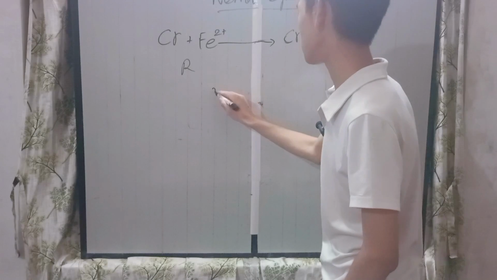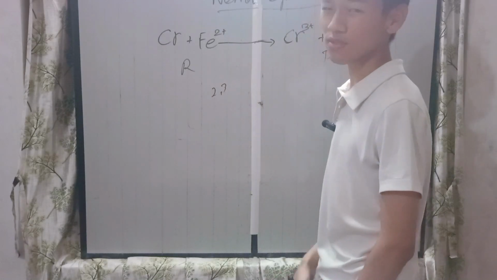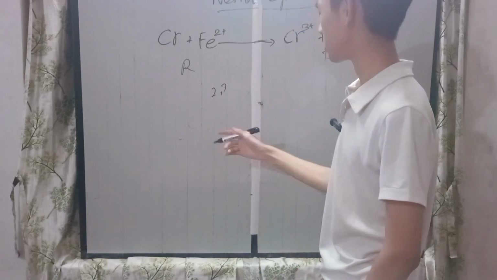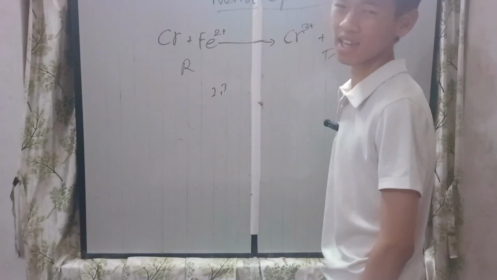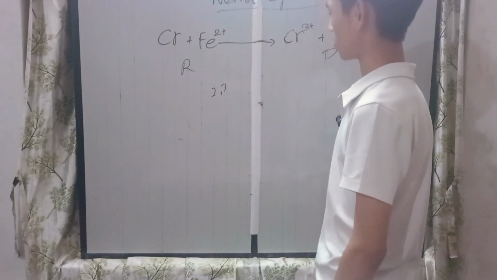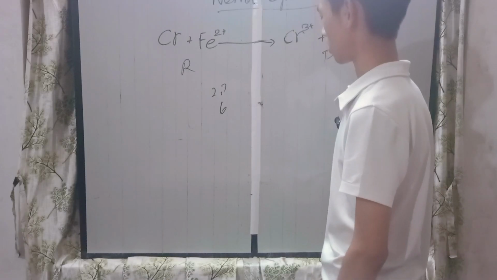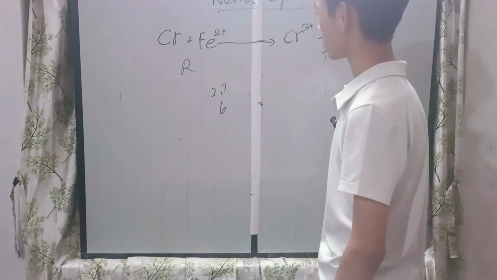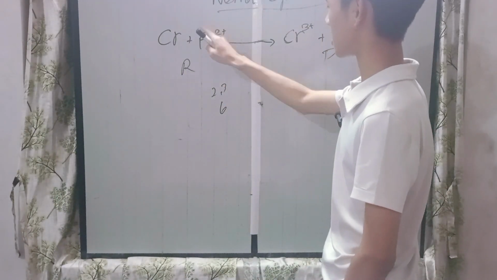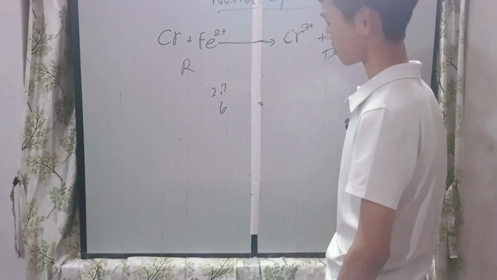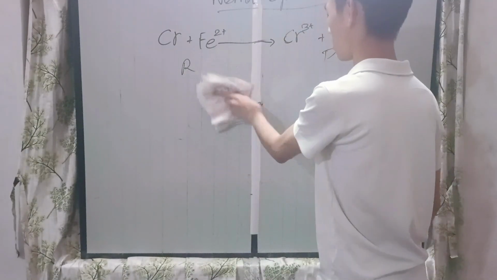We have 2 numbers, 2 and 3, so we need to find the LCM of 2 and 3, which is 6. So we need this side to have 6 electrons and this side to have 6 electrons.